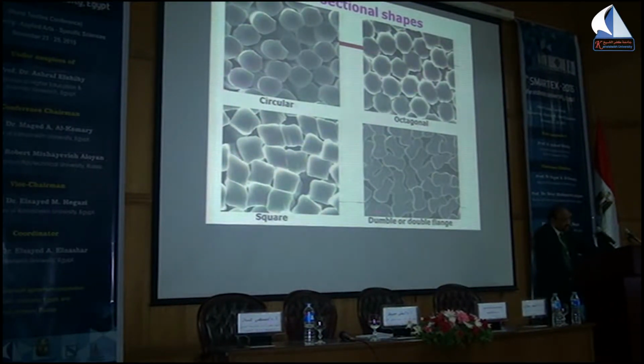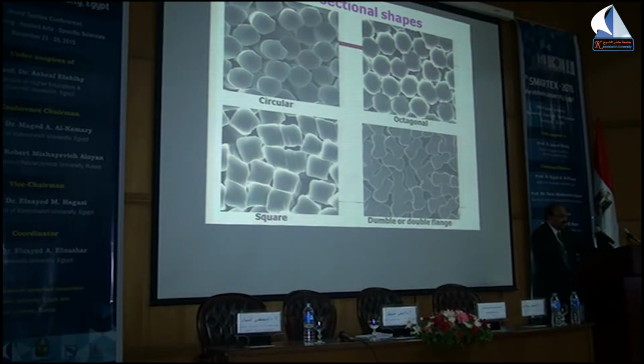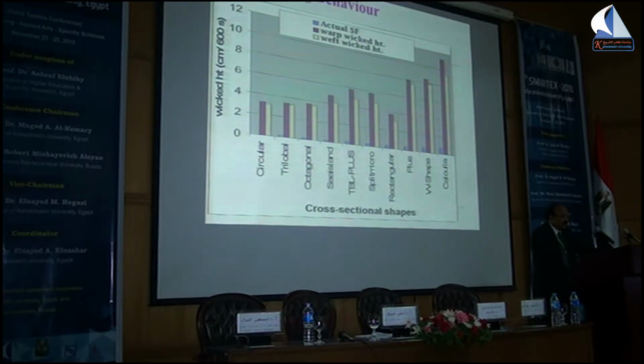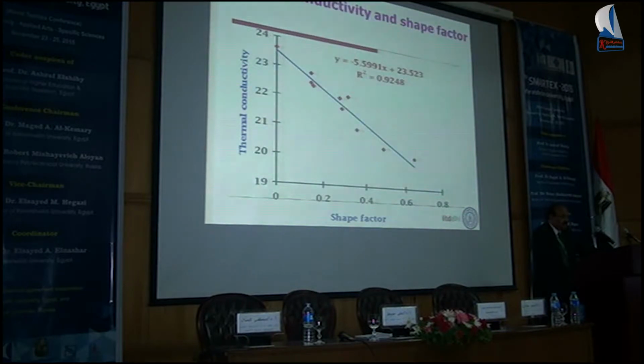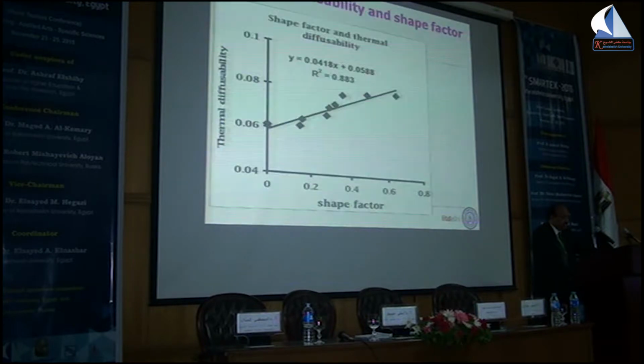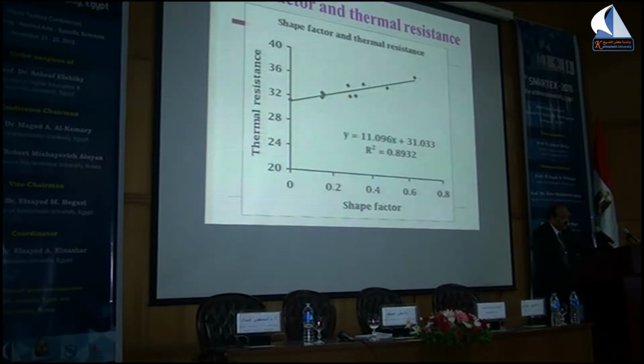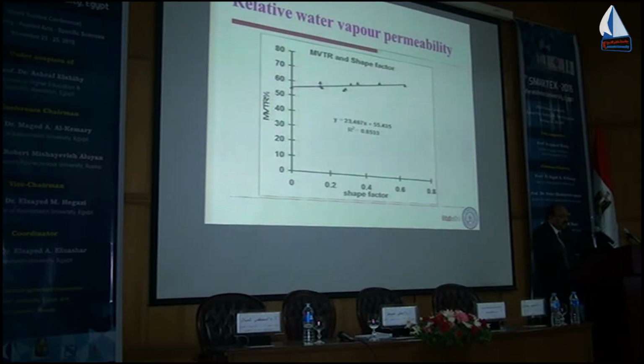Again, the same cross-sectional shapes are taken for this research, and we calculate the wicking behavior and thermal conductivity: the relationship of thermal conductivity with the shape factor, the diffusibility with the shape factor, the Qmax value with the shape factor, and also the thermal resistance with the shape factor. And we find a very good, strong correlation, even MBTR, with the shape factor.